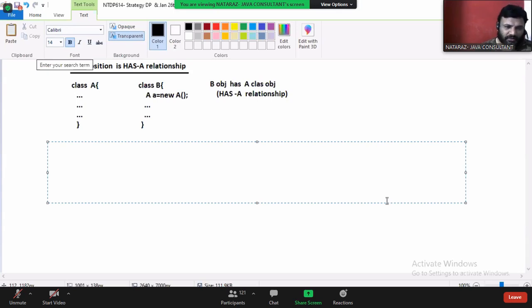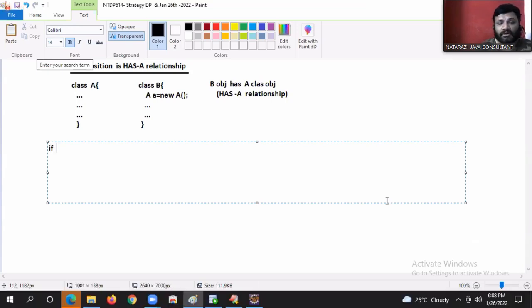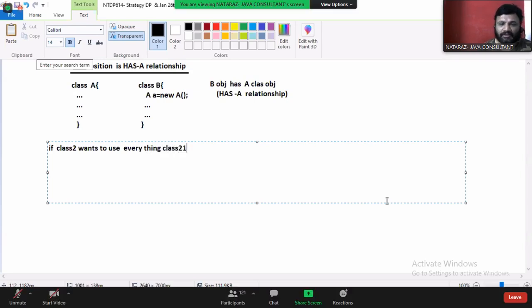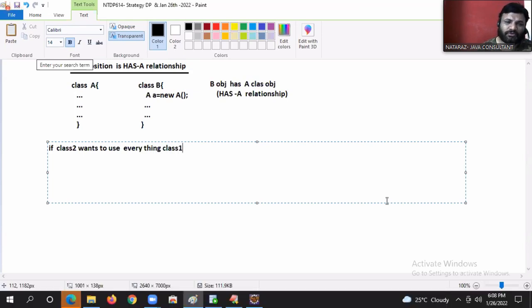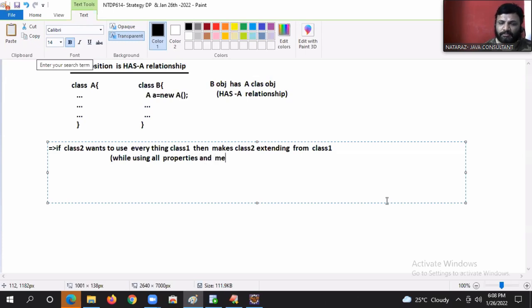If class 2 wants to use everything of class 1, then make class 2 extend from class 1, while using all properties and methods.